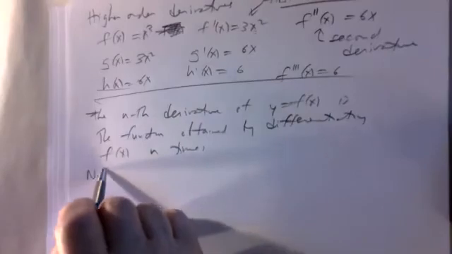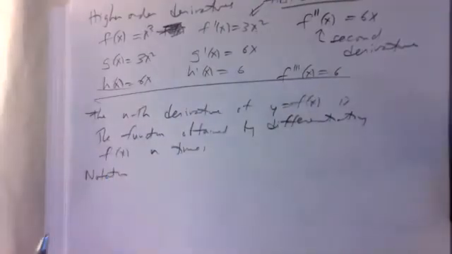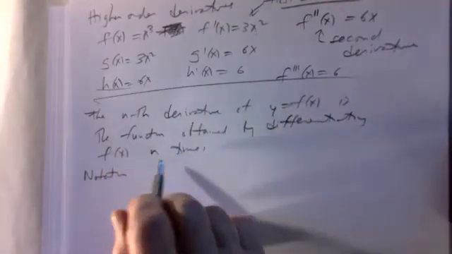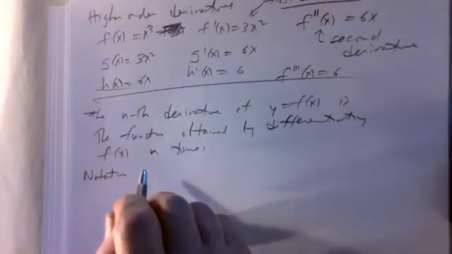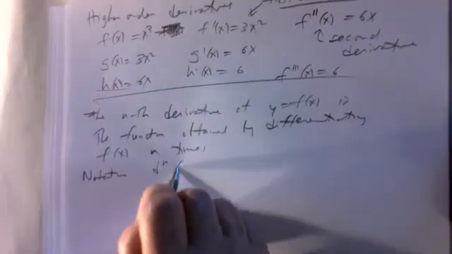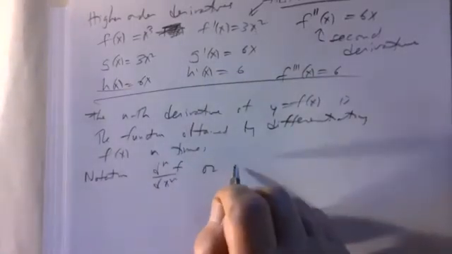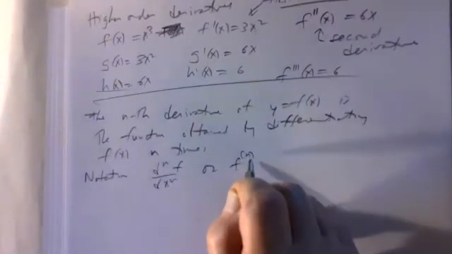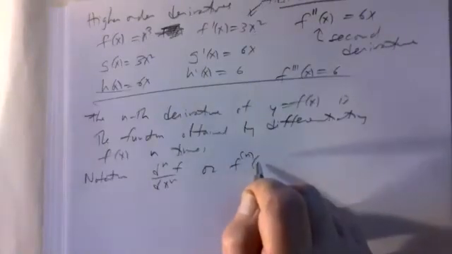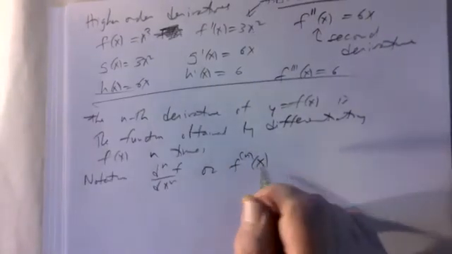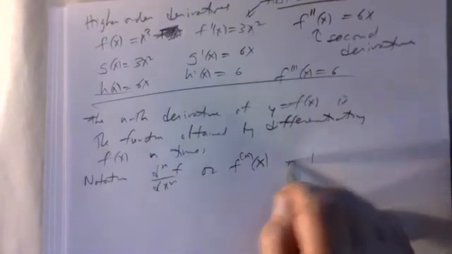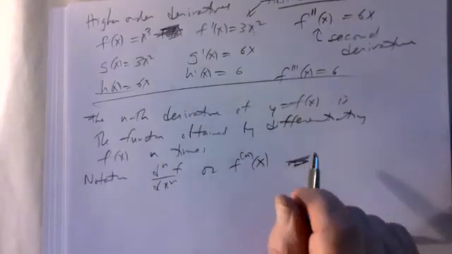And the notation, again, just the way there's a lot of notation for derivatives, the nth derivative can be written as d^n f/dx^n, or f superscript (n) in parentheses of x. These are the two most common.